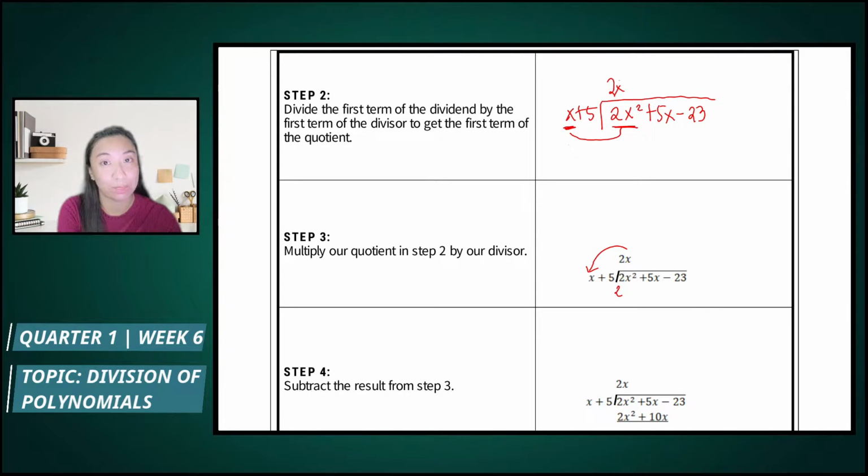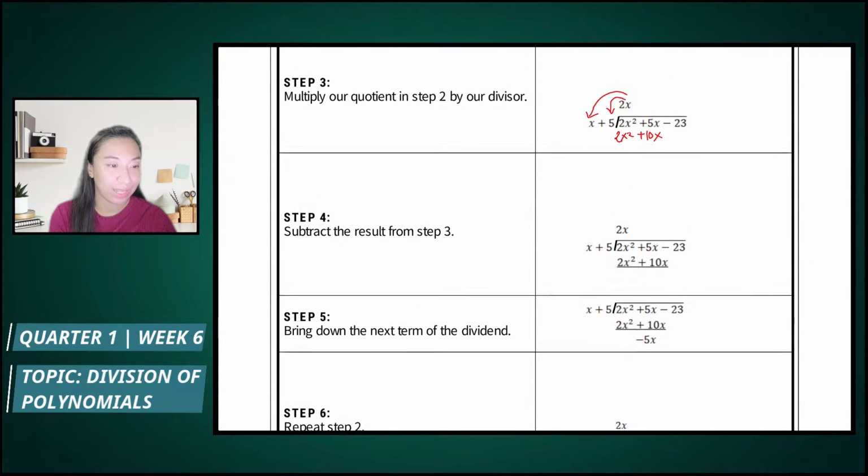The rule when you multiply is that you copy the variable and add the exponents, so 1 plus 1 is 2. Next, multiply 2x by positive 5: 2 times 5 is 10, so positive 10x. So that's step number 3.